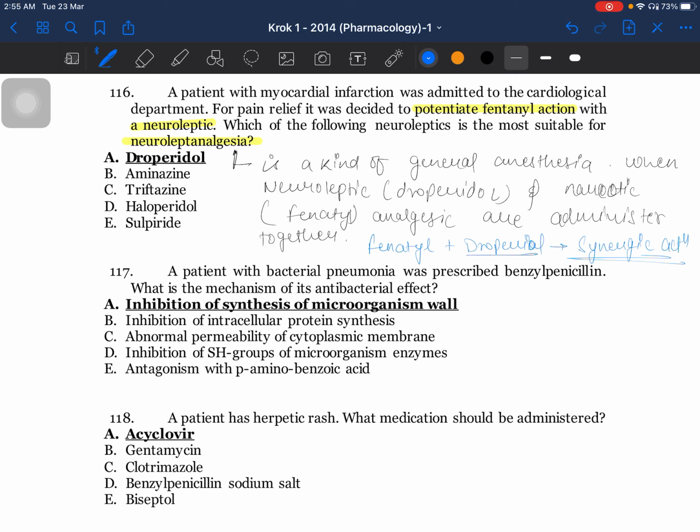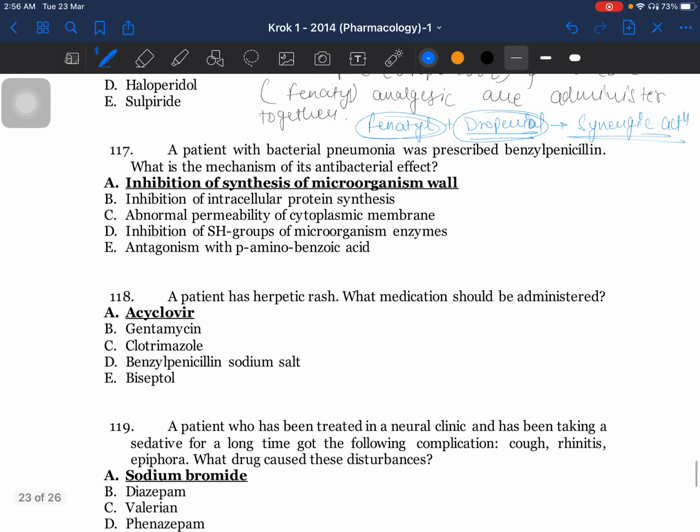Droperidol produces the psychic suppression, whereas fentanyl abolishes the pain. And when these both drugs are co-administered, they show the synergic action. Okay, this was all about the neurolept analgesia.